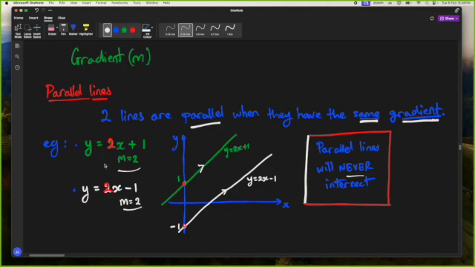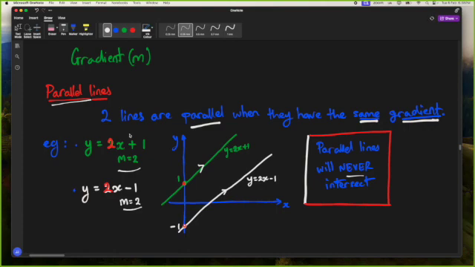Once two lines have the same m value, they will be parallel. So you could look at two equations now and tell if they are parallel or not, just by looking at the m value. Once the m value is the same, you have parallel lines.